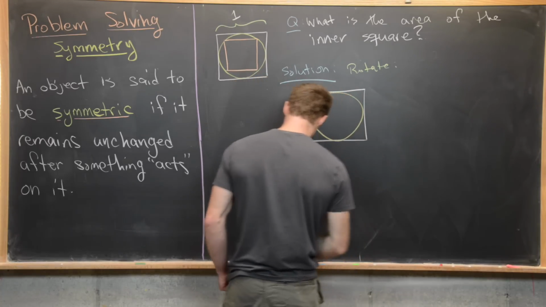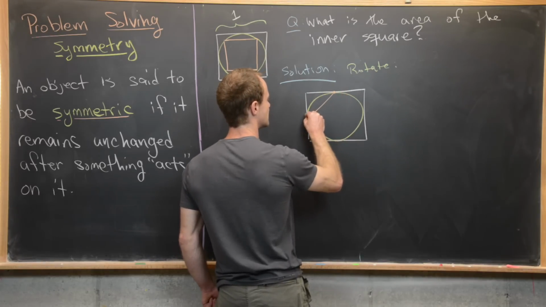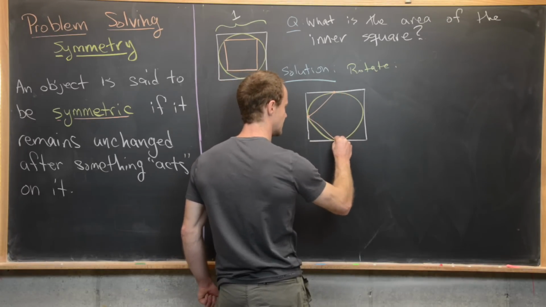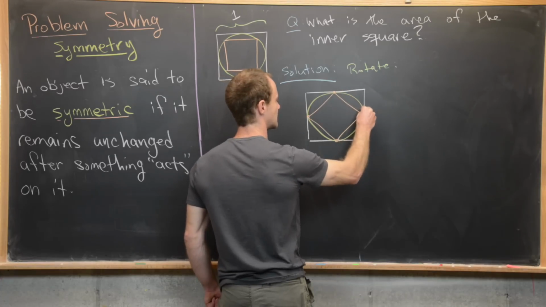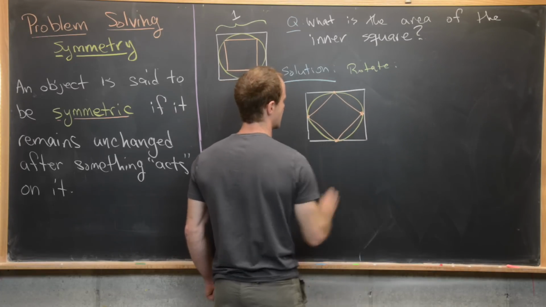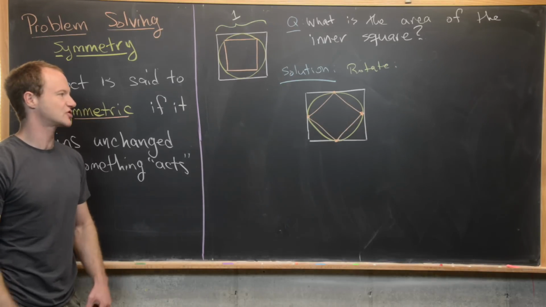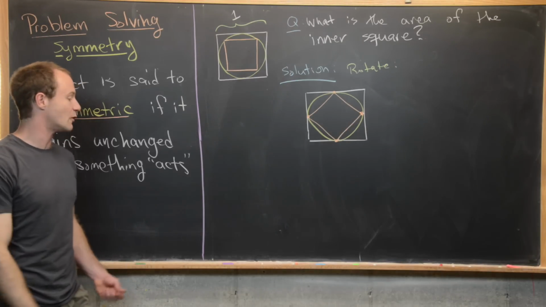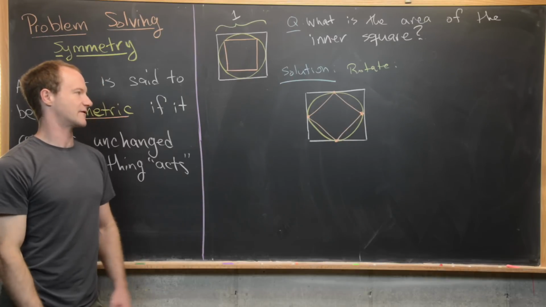And now we have rotated our inner square so that it looks like this. Great. Now that we've done that rotation, can we exploit the symmetry to easily see what the area of this inner square is? Let's look at it for a little bit.